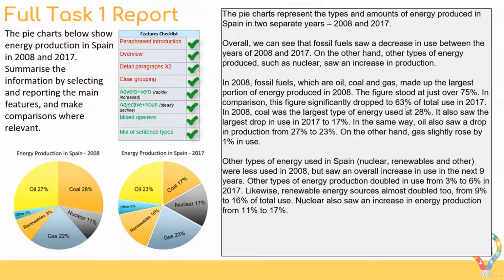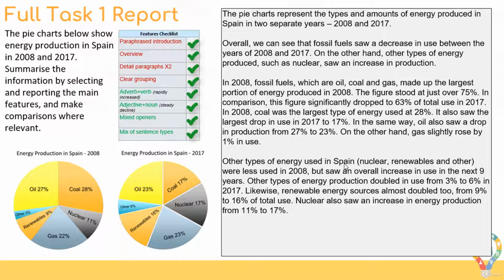You can see that I'm really being specific about details and times. It also saw the largest drop in use in 2017 to 17%. In the same way, oil also saw a drop in production from 27%, which is here, to 23%. And I've got this opener, which I like. On the other hand, gas slightly rose by 1%.